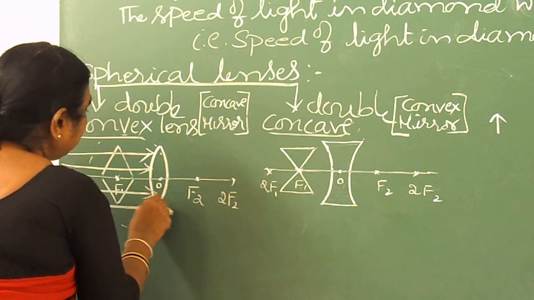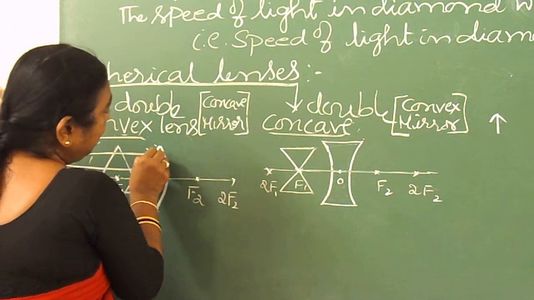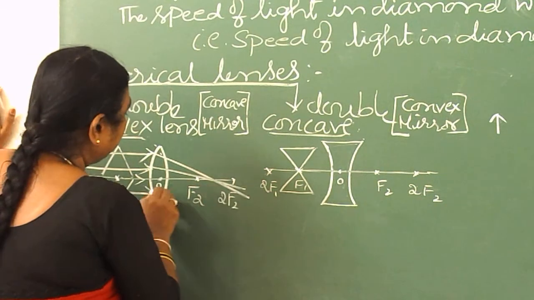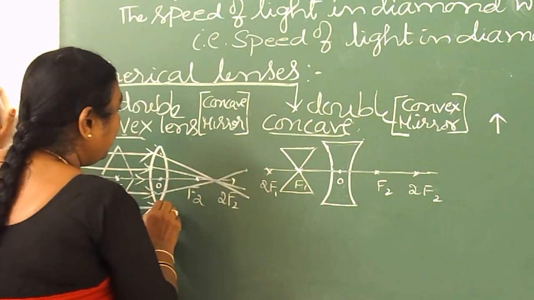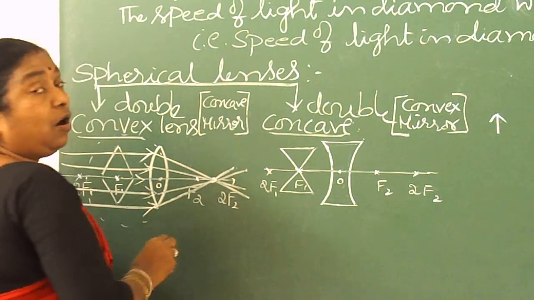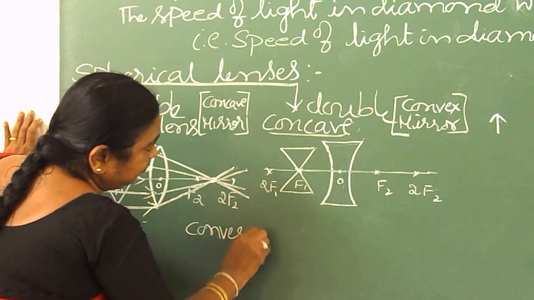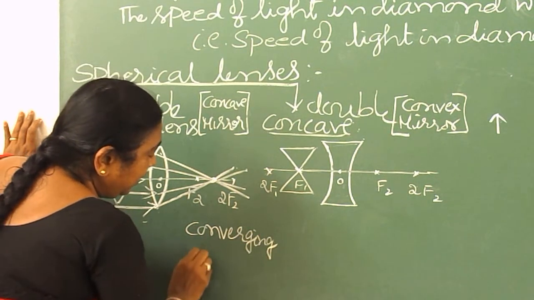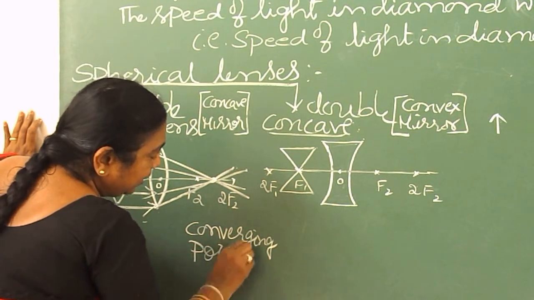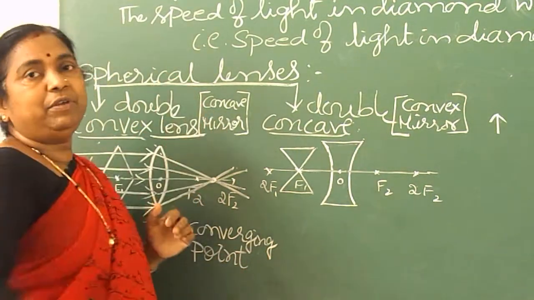All the rays passing through meet at one point. This is called the converging point. Hence we say that the converging lens is only the convex lens.